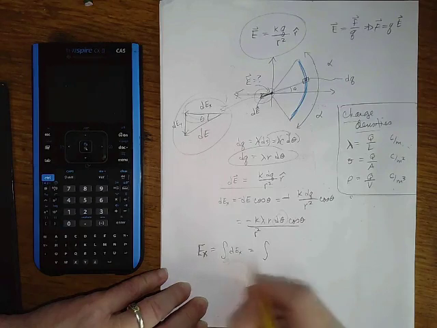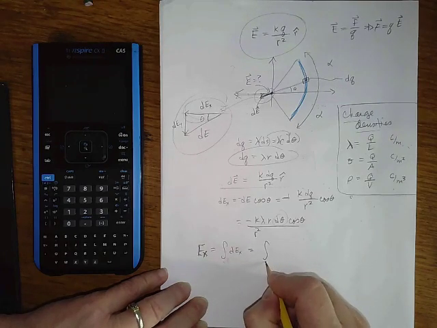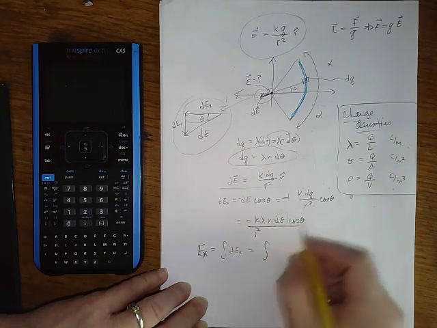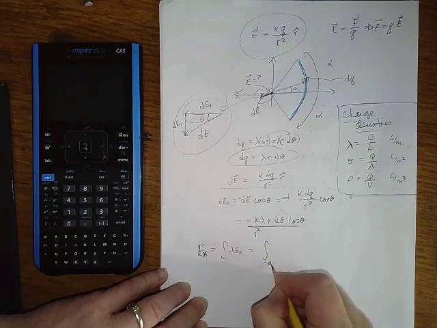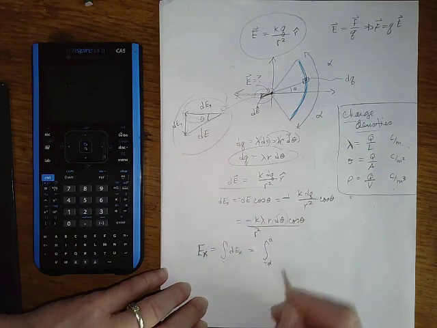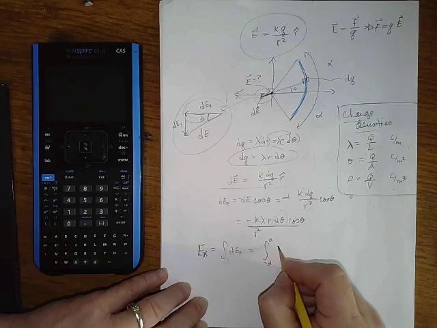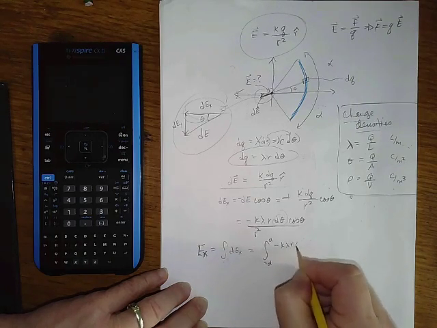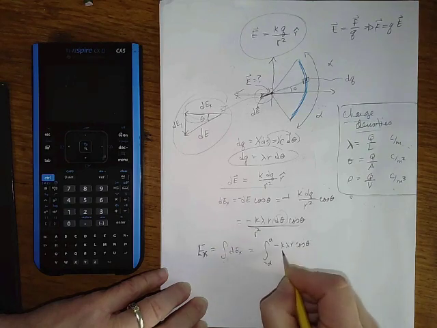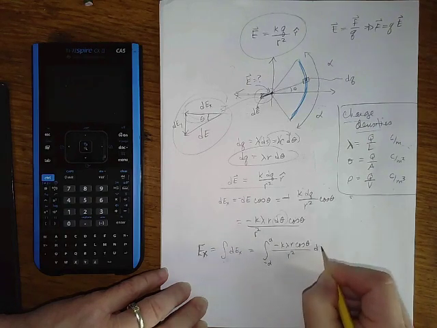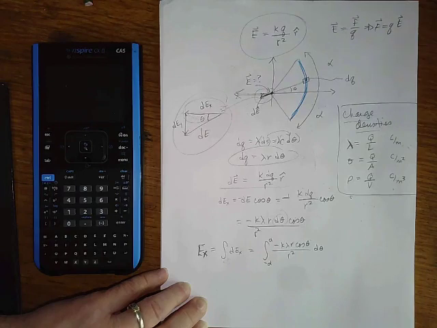We're going to take the integral of dE x, and like I said, we've got it in thetas here, so we're going to take our limits as negative alpha to positive alpha. Let's just write it all: negative k lambda r cosine theta over r squared, and just write the d theta out here like we're used to seeing.